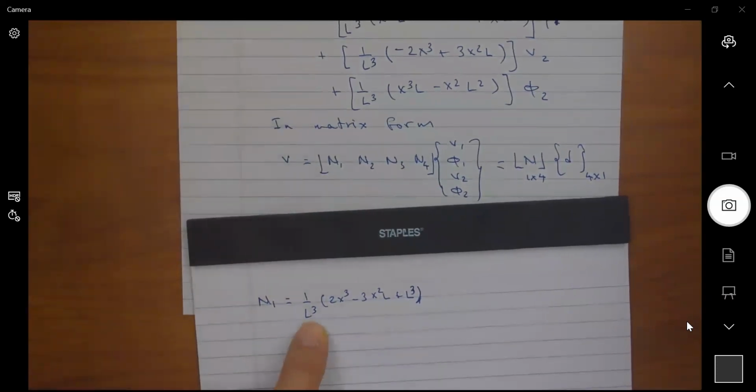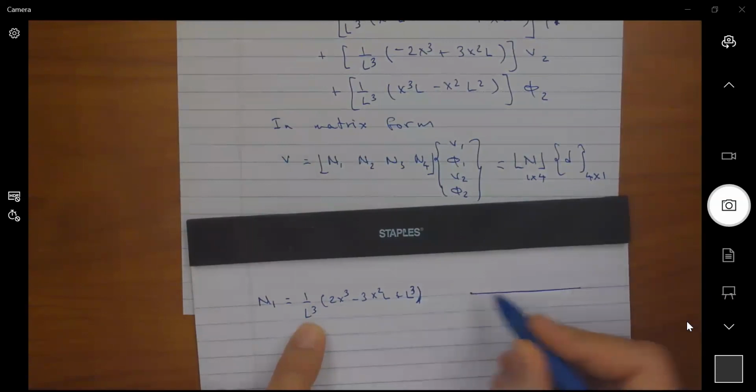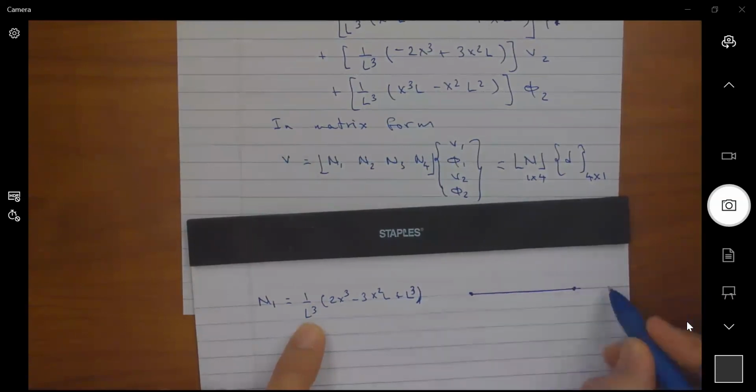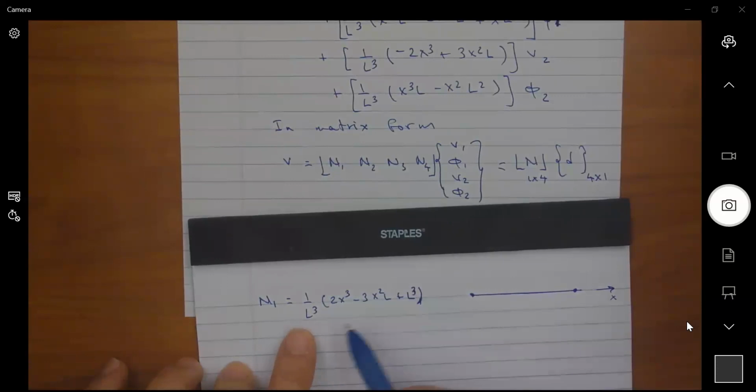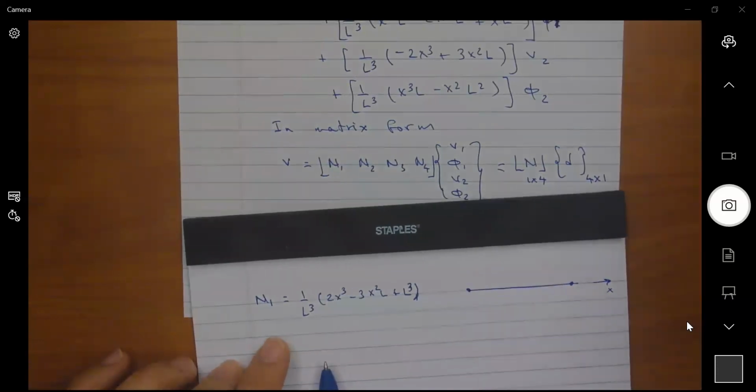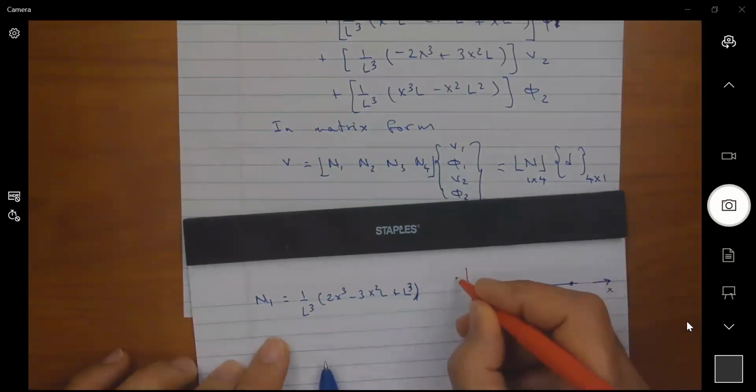Okay, if I sketch this function over the length L between the 2 nodes, so this is my x direction. At x equals 0, I get L cubed over L cubed, so I will get here a 1.